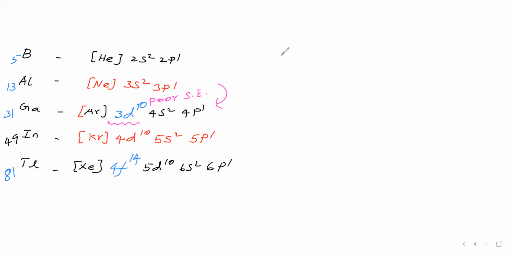Now boron compound is B2O3. In B2O3, what is the oxidation number of boron? Cross multiply, you will get oxidation number of boron, that is plus 3. Then BO2 minus, metaborate. In metaborate, boron is plus 3.